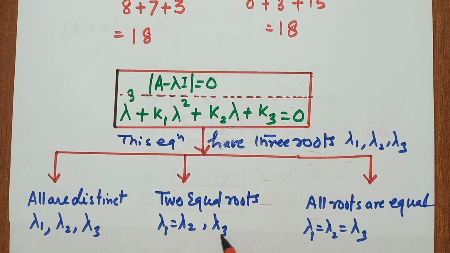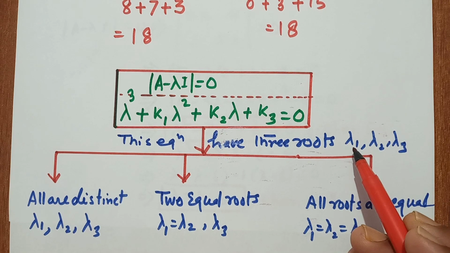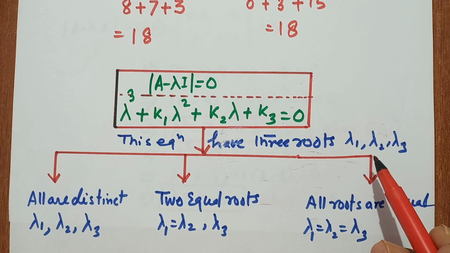The third possibility is that all roots are equal. In these 3 cases we calculate the eigenvectors. There are 3 eigenvectors because lambda is of degree 3.